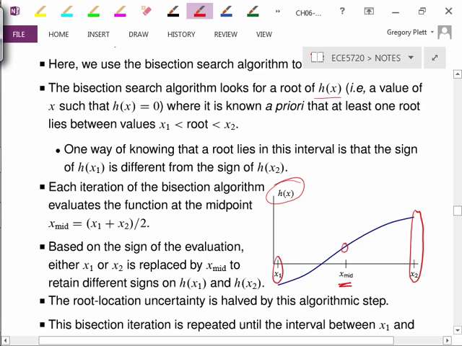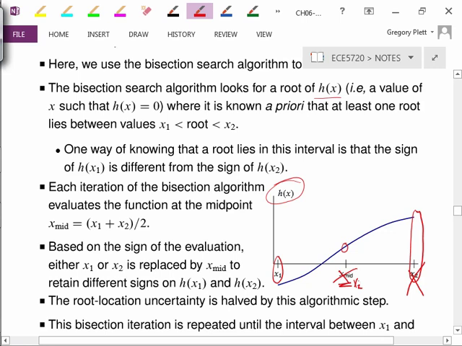And then we replace either x1 or x2 with that midpoint, in such a way that we maintain the sign difference between x1 and x2. So in this case, we eliminate x2 and replace x2 with x mid.